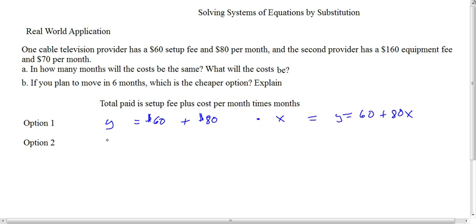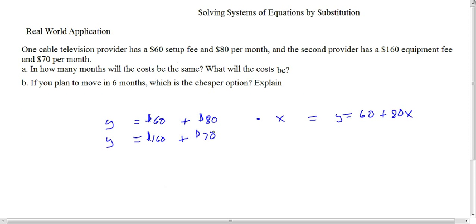We have total paid, Y, which is equal to our equipment fee of $160 plus $70.